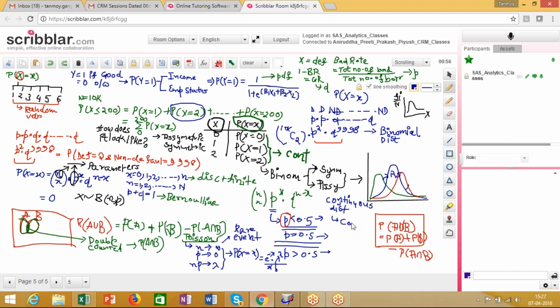So now I cannot say that there is an outcome 1 or an outcome 2 or an outcome 3 like this. What I'm saying is that the outcome is continuous over here. So we have a continuous set of outcomes.